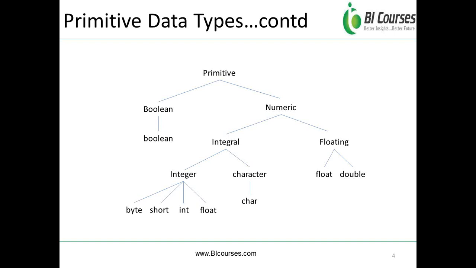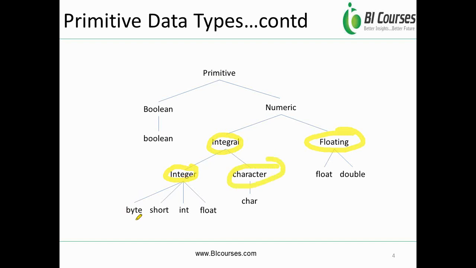We will see the hierarchy of primitive data types. Primitive data types are mainly categorized into two sections: Boolean and numeric data types. Numeric data types are again categorized into integral and floating. Integral is again categorized into integer and character.